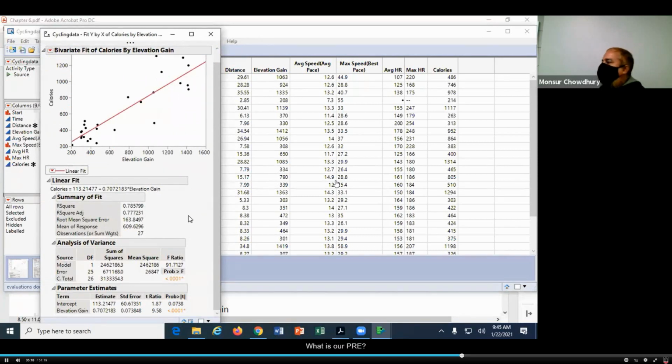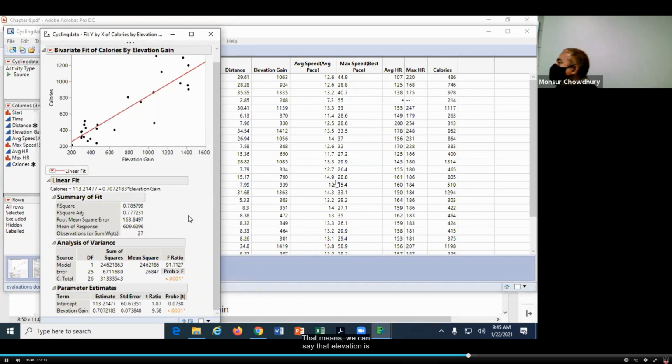So what is our PRE? In this case, you can see that PRE is very high, 79%. And we need to check both criteria, so if you look at the F ratio, it is high, 91.7127, and the p-value is very small, smaller than any significance level. So we are going to reject the null hypothesis.